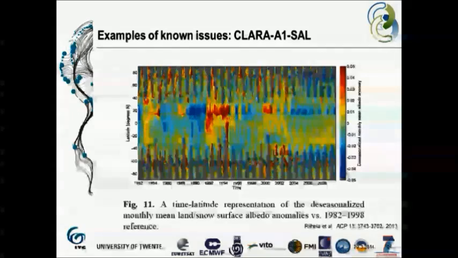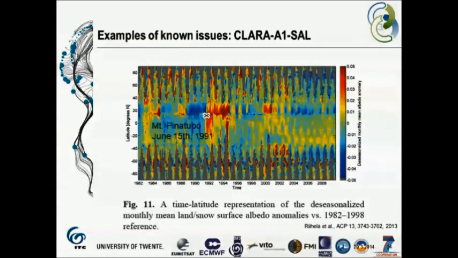Right? Volcanic eruption. Mount Pinatubo in mid-June 1991 at roughly 15 degrees latitude, the second largest volcanic eruption in the 20th century. Obviously, the additional aerosols in the atmosphere after that event are not corrected because we don't have a dynamic correction in this version.